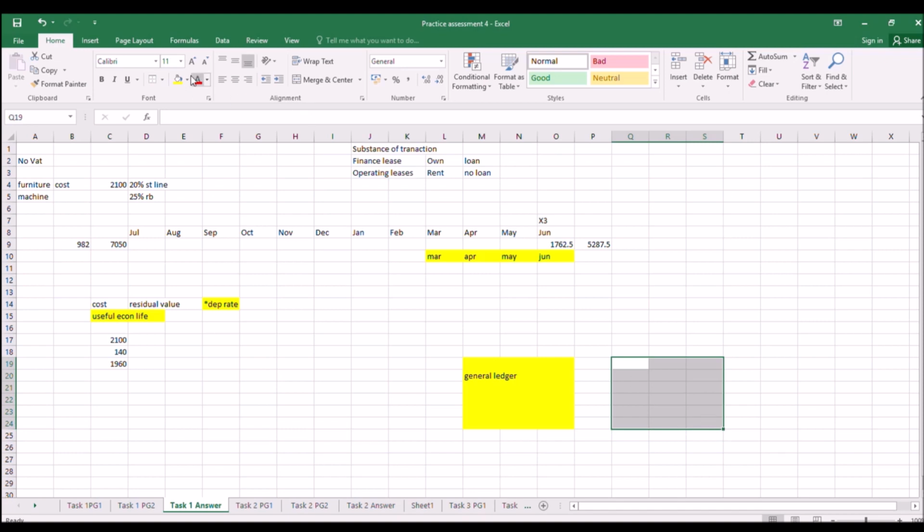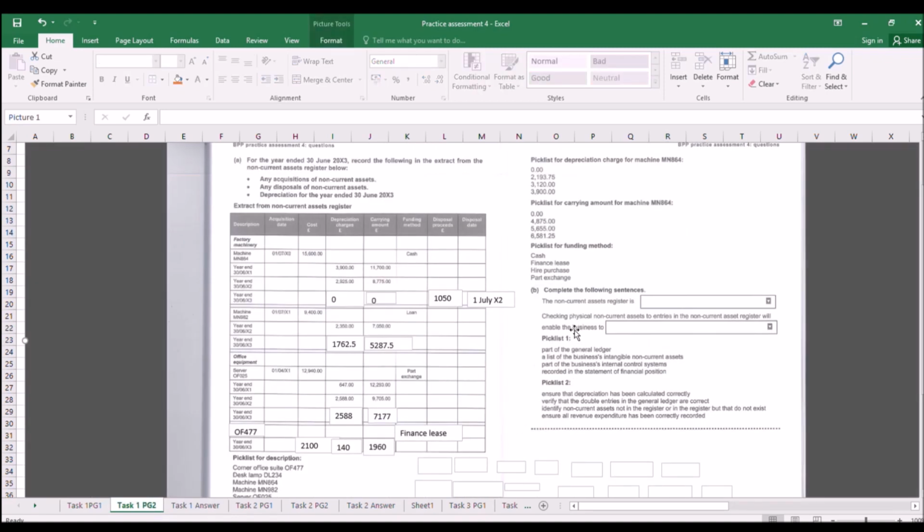Out here are our subsidiary ledgers, various ones of them, and one of those is the fixed asset register. So it's definitely not that answer. We use the fixed asset register, or the non-current asset register as it's described here, as a check against the general ledger. So we don't do that then.